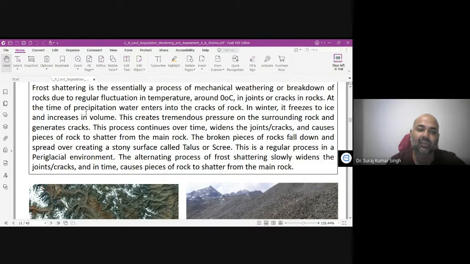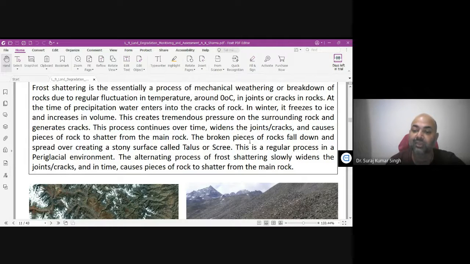At the time of precipitation, water enters into these rocks. In winter it turns to ice and increases in volume. This creates tremendous pressure on the surrounding rocks and generates cracks. This process continues over time, widens the joints, and causes pieces of rock to shatter from the main rock.